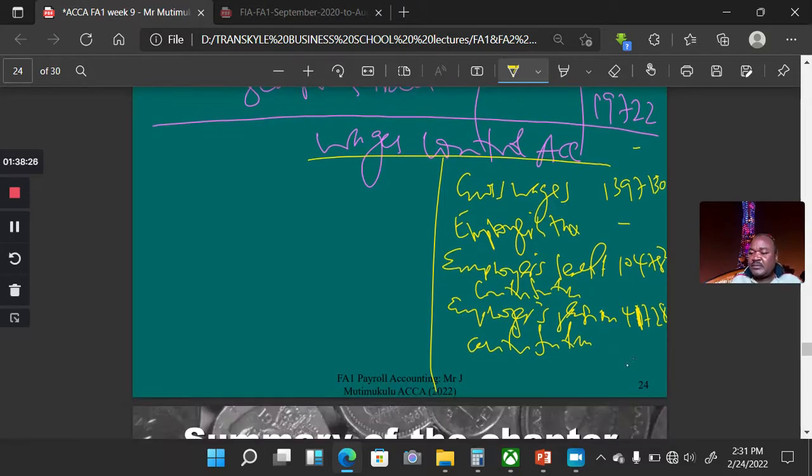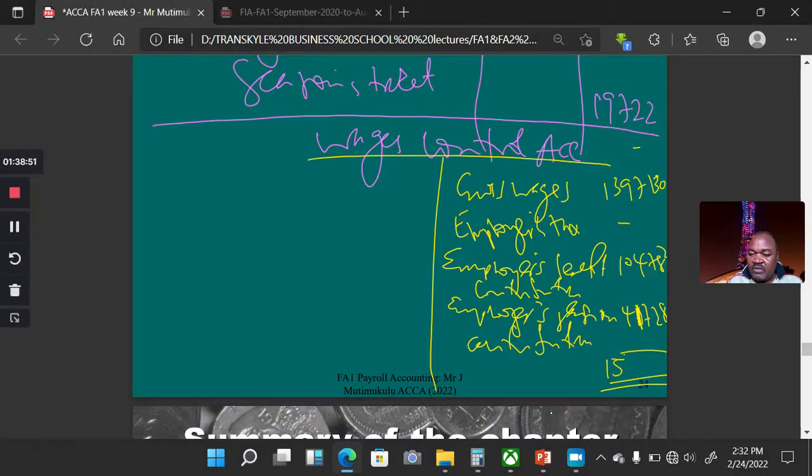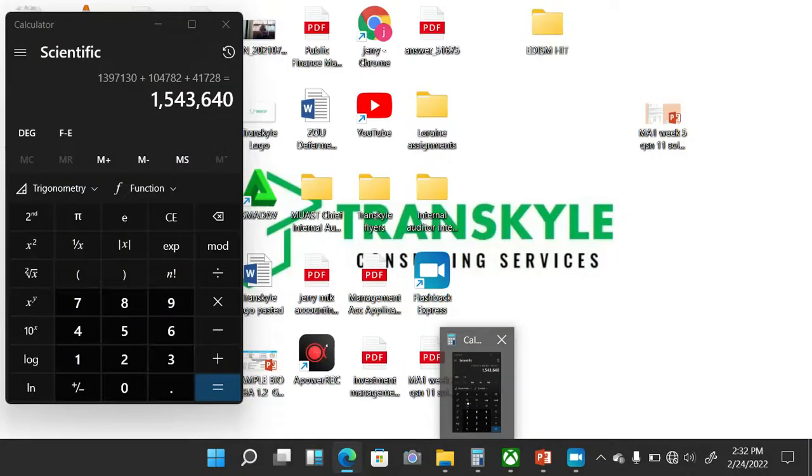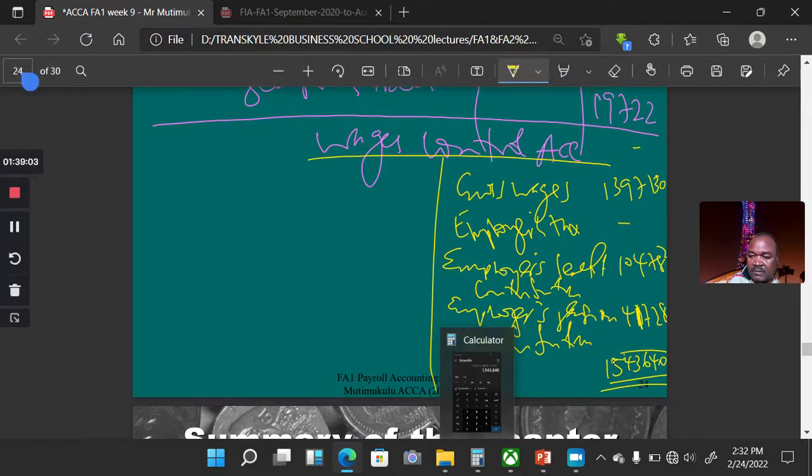Okay, so if we add them up, we get some figure. 1,397,130 plus 104,782 plus 41,728. So we've got 1,543,640 million.